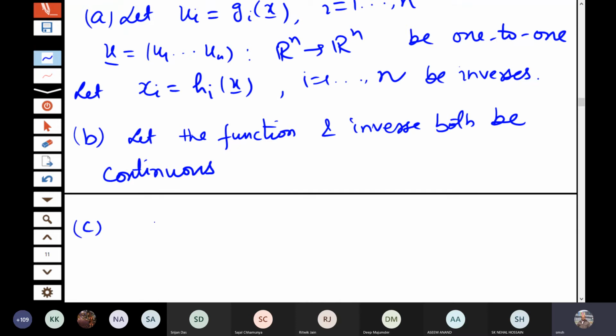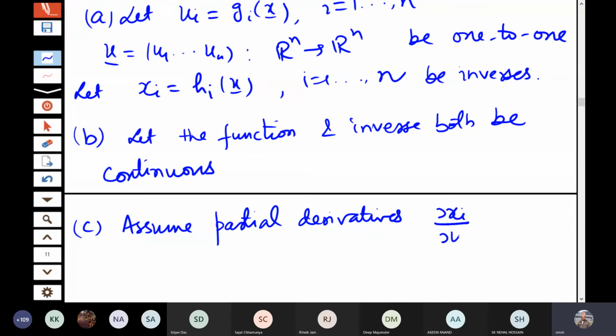We also assume the partial derivatives del xi by del uj, i, j equal to 1 to n, exist.